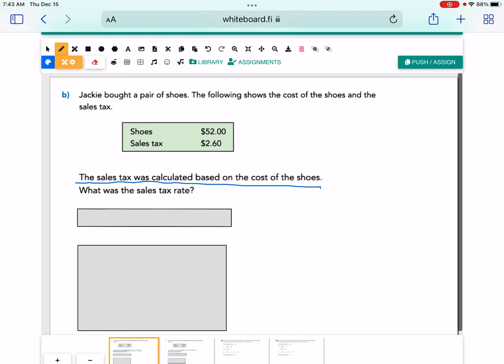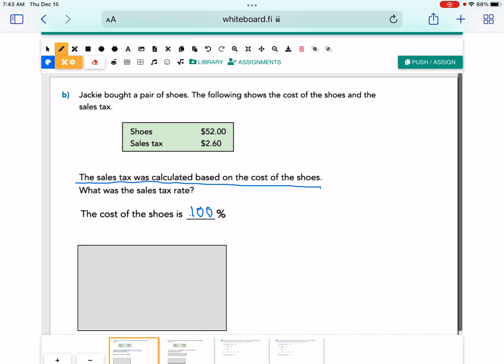In most of these problems, you can assume that if you're given a cost and a sales tax that goes along with it, the cost itself is the base. And in percent, do you remember what the word base means? Well, it means that is what 100% is. That is what we're starting with. So in this case, the cost of the shoes is 100%.